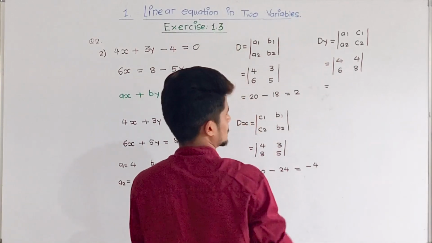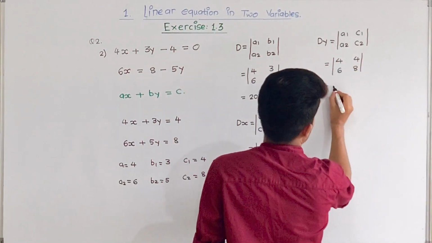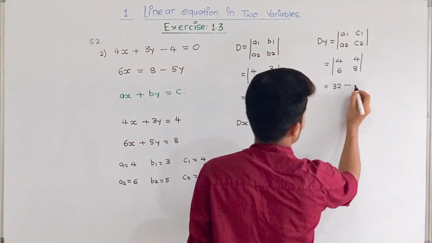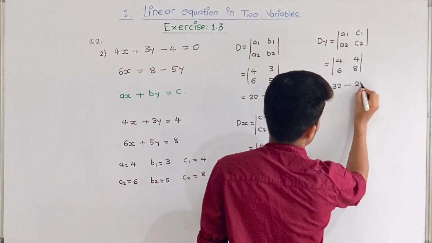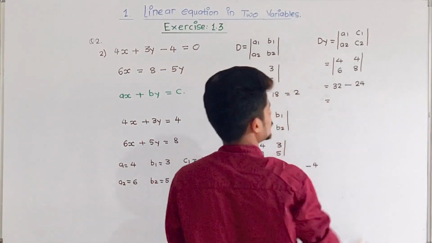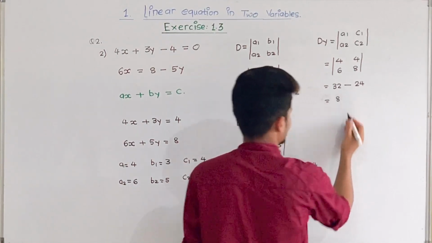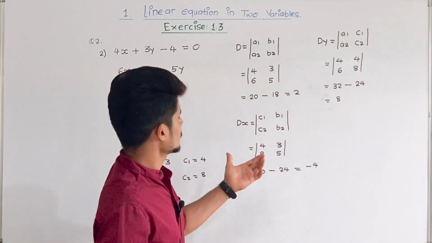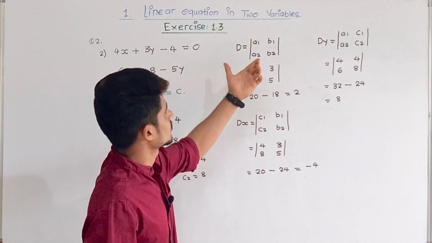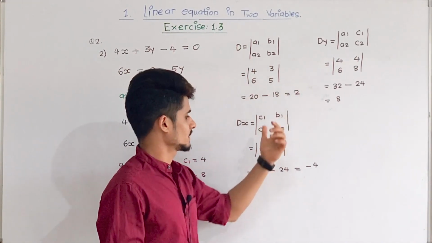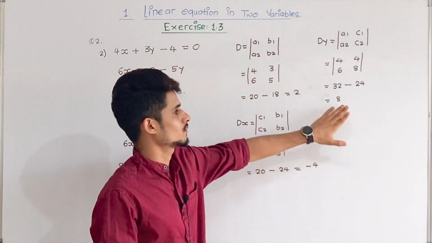Cross multiply and subtract. 4 8s are 32 minus 4 6s are 24. 32 minus 24 is 8. So these are the values of determinant of x and determinant of y.